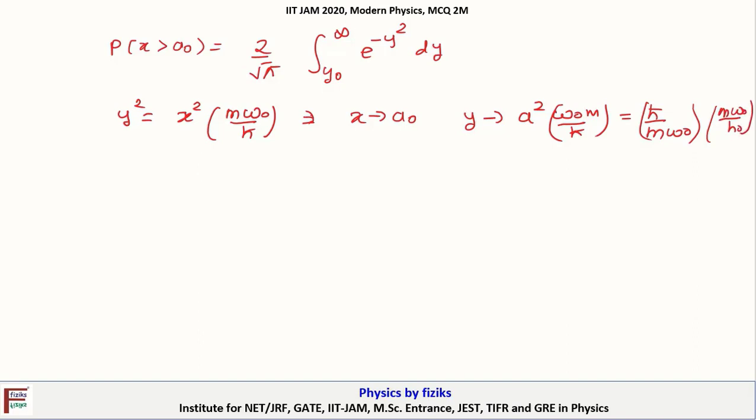That means y approaches 1. So when x approaches a0, y approaches 1. When x approaches infinity, y approaches infinity.